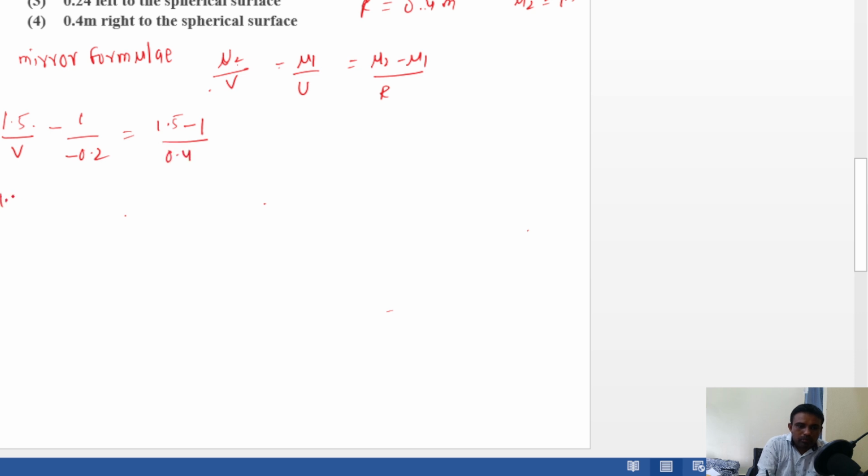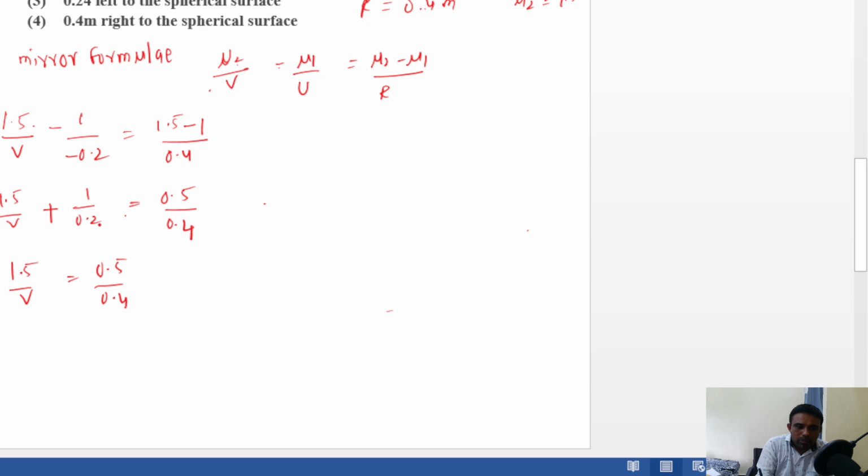So 1.5 by V plus minus into minus plus 1 by 0.2 is equal to 1.5 minus 1, 0.5 by 0.4. So 1.5 by V is equal to 0.5 by 0.4.